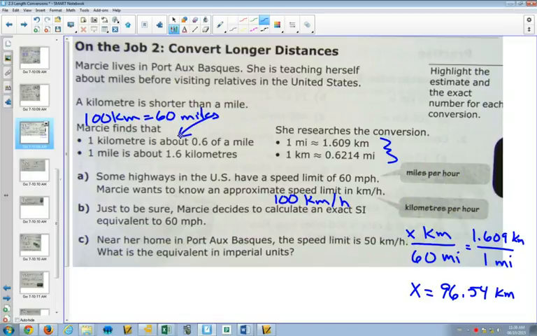So near her home, the speed limit is 50 kilometers per hour. What is the equivalent in imperial units if we wanted to estimate? What would be a good way to estimate how much 50 kilometers per hour is?